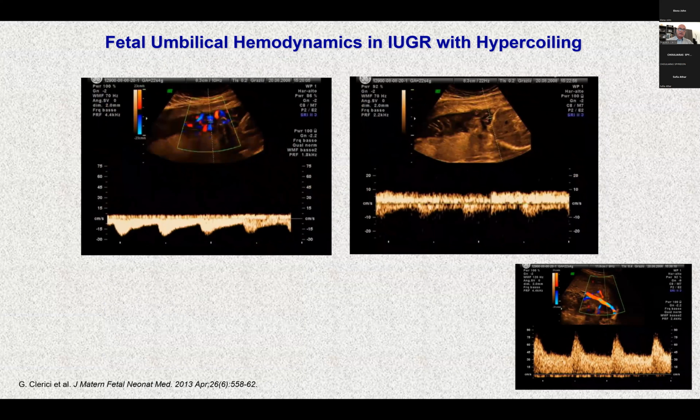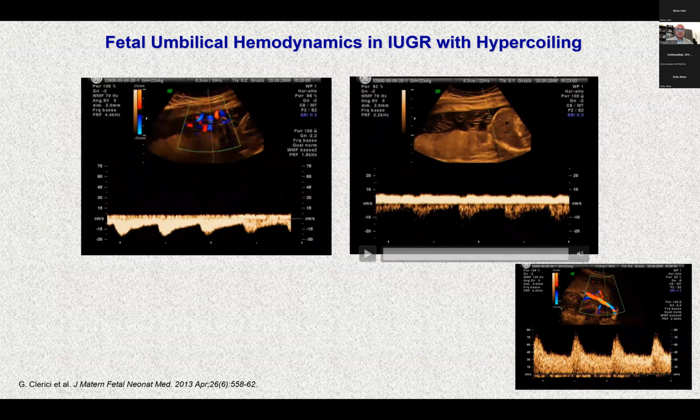And I went again to the evaluation of the umbilical cord, and you can see here I was checking another segment of the umbilical cord in this kind of entanglement, and I was seeing this very strange pulsation in the umbilical vein.